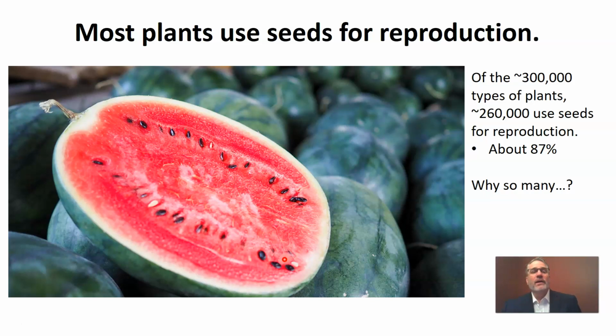If there's a lot of different ways that reproduction can be done, then why do plants so often use seeds? Well, it's really because it works. Seeds turn out to be quite an evolutionary adaptation for plants that have made them very successful. Almost any ecosystem or environment that you go to on Earth, you will find plants there.